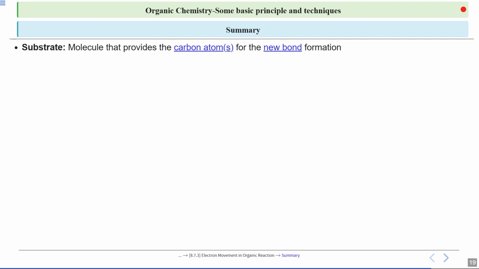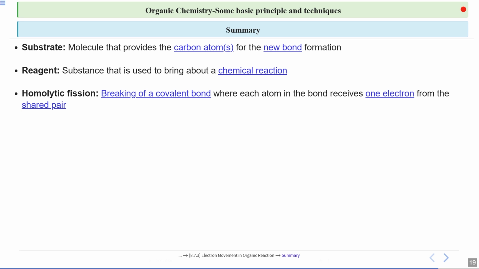Let us summarize all of today's discussion. What are substrates? These are those molecules that provide carbon atoms for the new bond formation, whereas reagents are the ones responsible for bringing about a chemical reaction by transforming a functional group or by introducing a functional group. Now in this process, two types of bond breaking can take place. First is symmetrical distribution, where each atom gets one electron, and that is called homolytic fission.